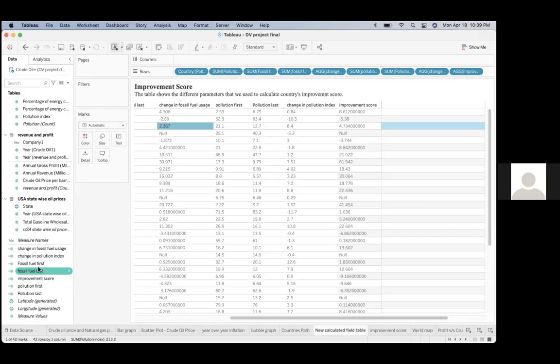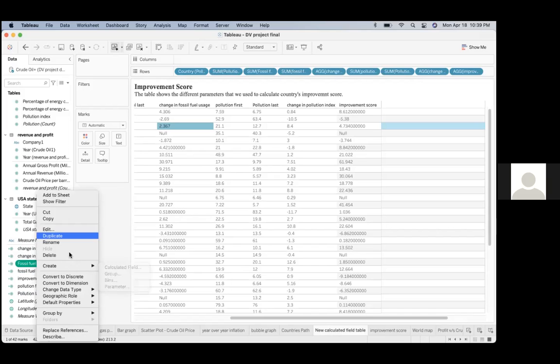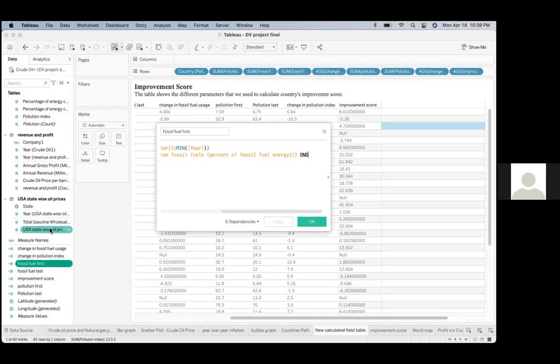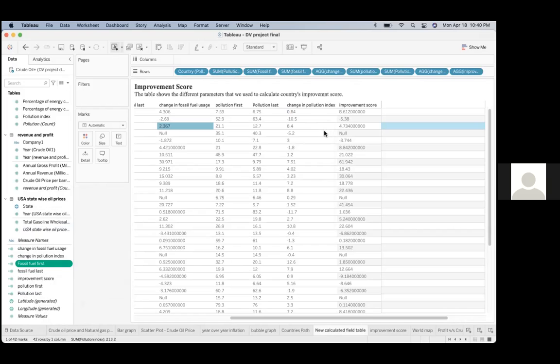This score is calculated using the initial fossil fuel percentage in the countries, and the one in the last year, and the initial pollution index and the last pollution index, and we have added them together to create the score, as you can see right here.